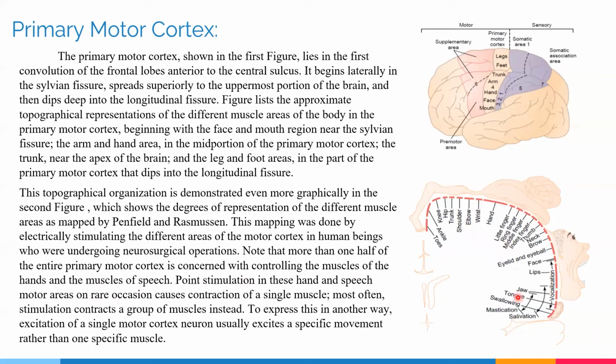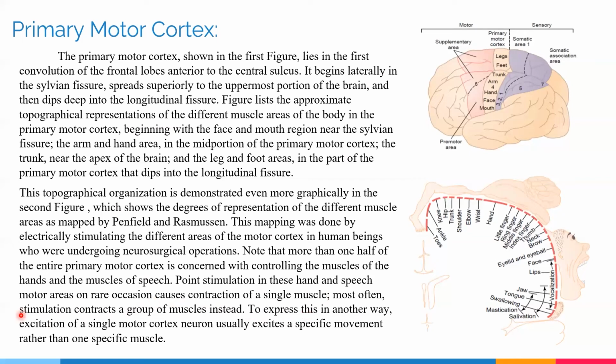A large portion, more than half of the primary motor cortex, only controls the muscles that are present in our face, mouth, and hands. Point stimulation in these hand and speech motor areas on rare occasion causes contraction of a single muscle.